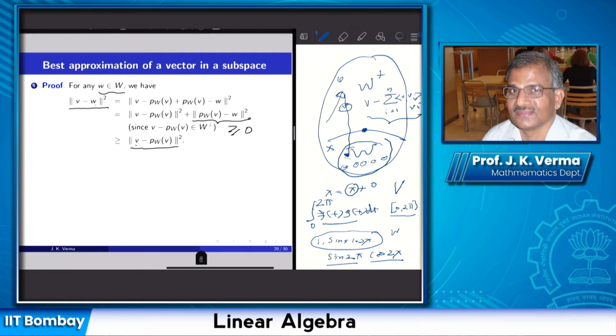So in this sense, the projection of v in w comes closest to v if you vary vectors inside w, and therefore this is the best approximation.